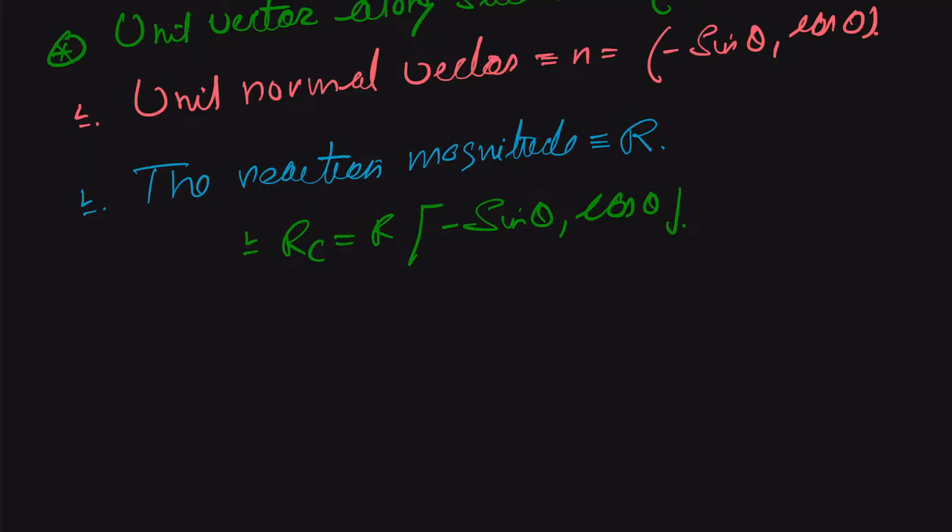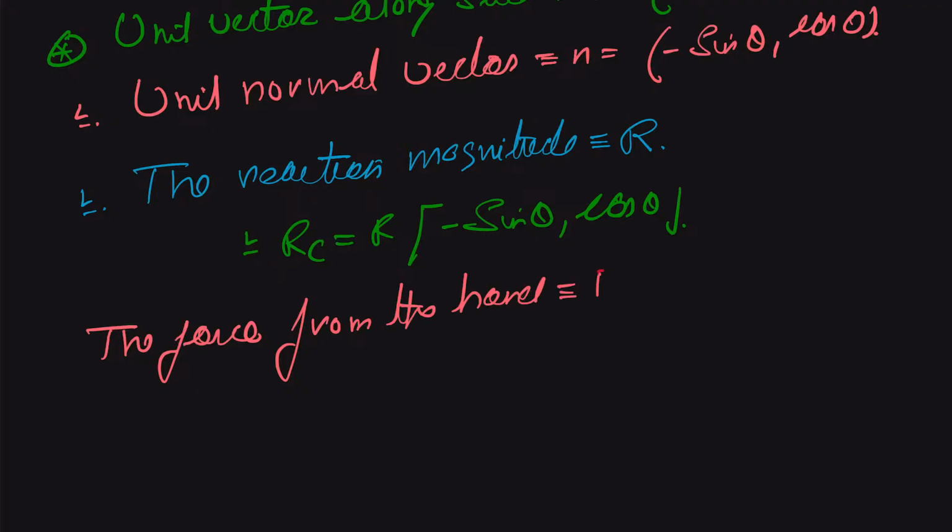So we can say that the force from the hand, let us call this force F, and its two components we call F of X as well as F of Y. The direction we can determine later on in the solution.